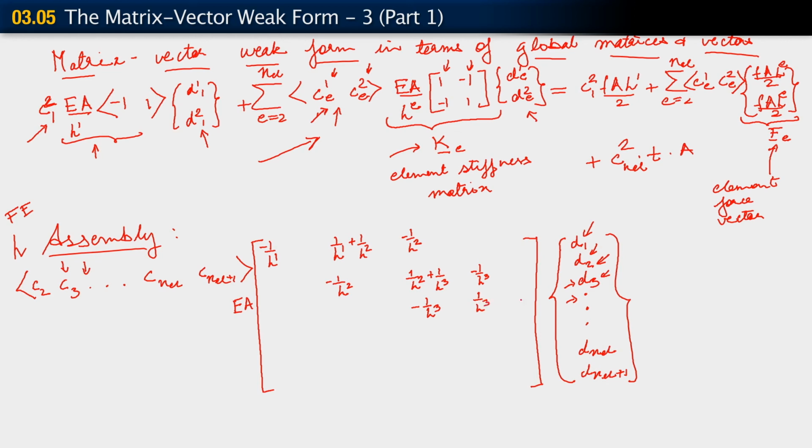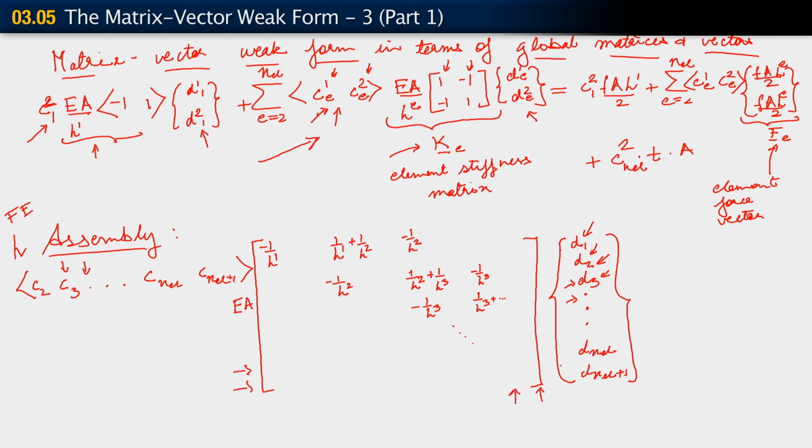Okay, this process continues all the way down, until we come to the very last element. The very last element and the last but one element are the ones that will contribute to the last 2 rows and the last 2 columns of this matrix.